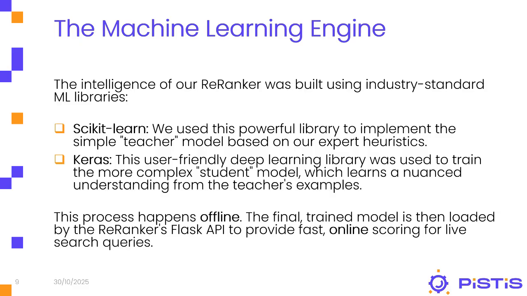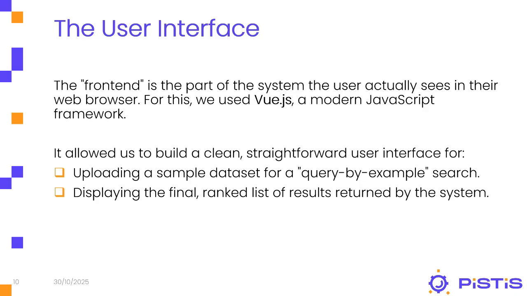Then we used Keras, a user-friendly deep learning library, to train the more complex student model, which learns its nuanced understanding from the teacher's examples. This training process all happens offline. The final trained model is then simply loaded by the re-ranker's Flask API, allowing it to provide fast, online scoring for live search queries.